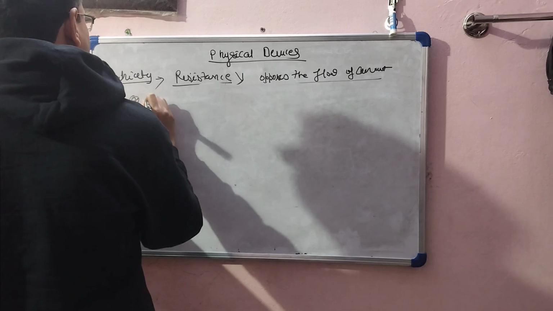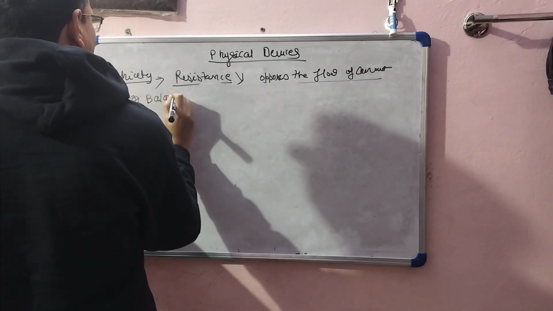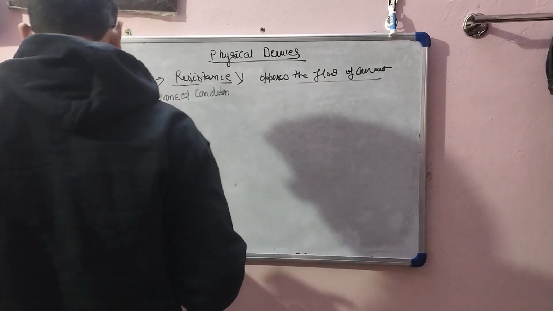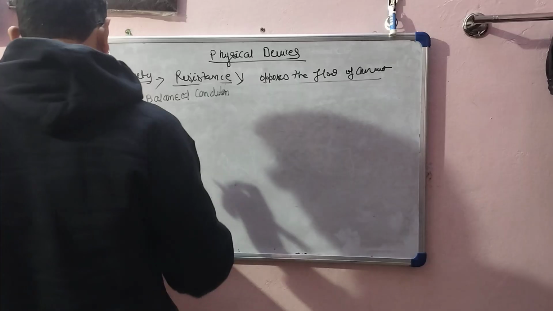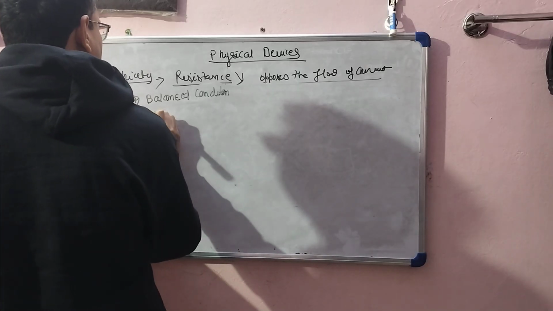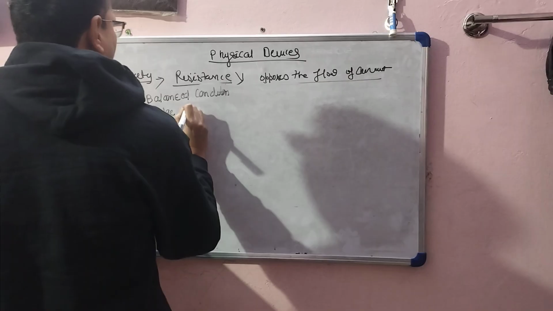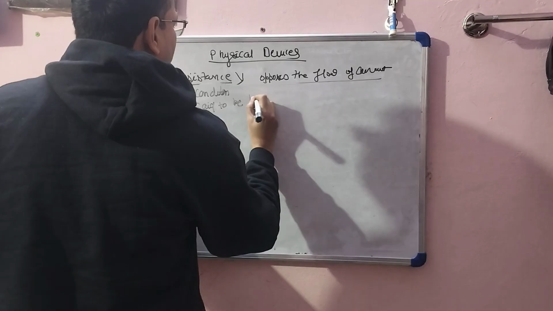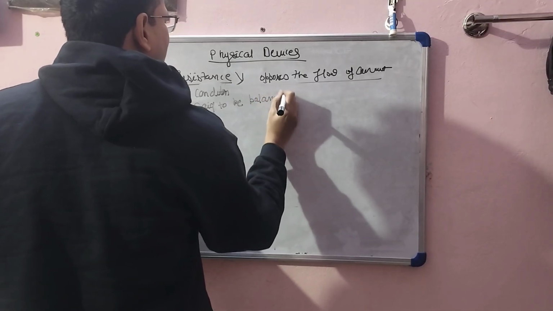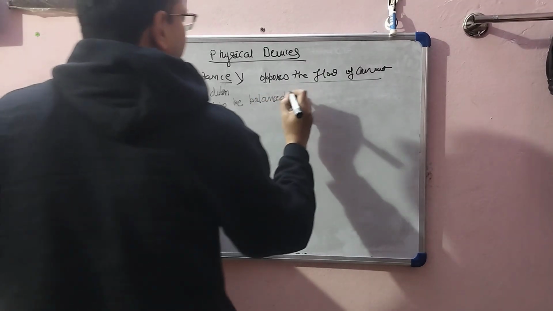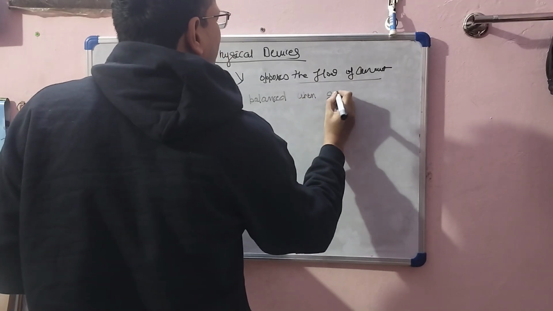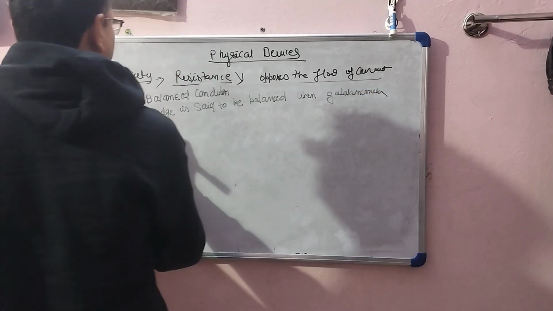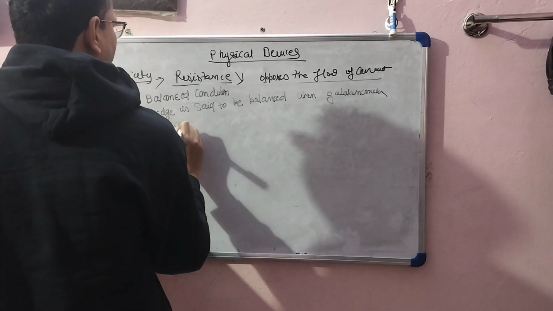Balance condition. What is the balance condition? The bridge is said to be balanced when the galvanometer shows zero deflection.